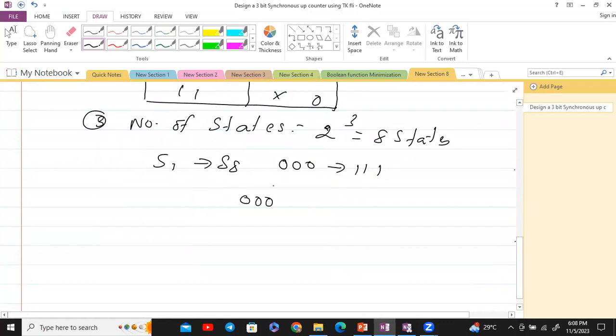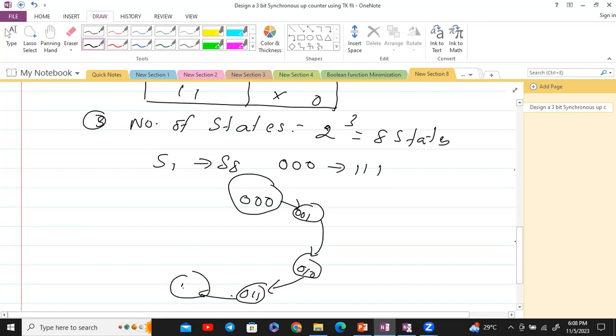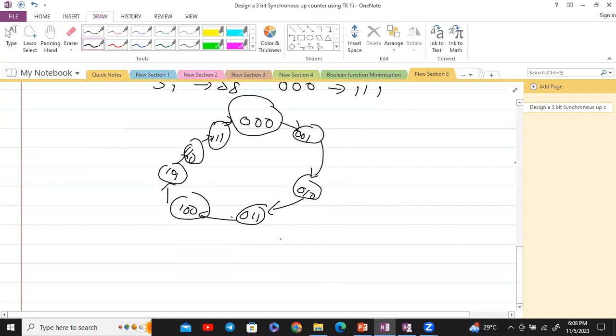We can represent the state diagram: 000, then 001, 010, then 011, 100, 101, 110, 111. Okay, this is the state diagram with all the states, S1, S2, S3, S4, S5, S6, S7, S8. All the states we have to find.